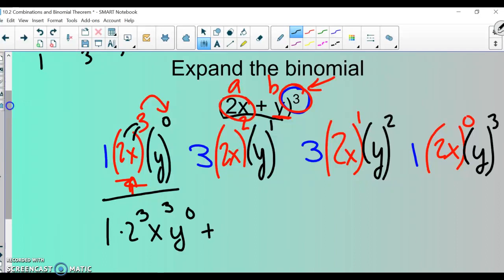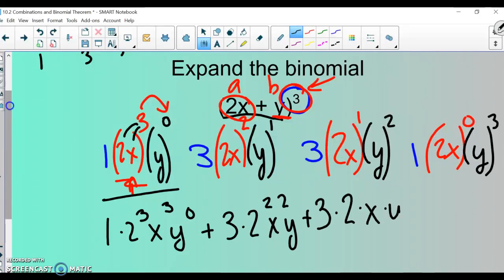My next one would be 3 times, we'll need the parentheses there, 3 times 2 squared, x squared, y to the first power. There would be 3 times 2 to the first power times x to the first power times y squared. And then my last one is going to be 1 times 2 to the 0th, x to the 0th, y to the third.